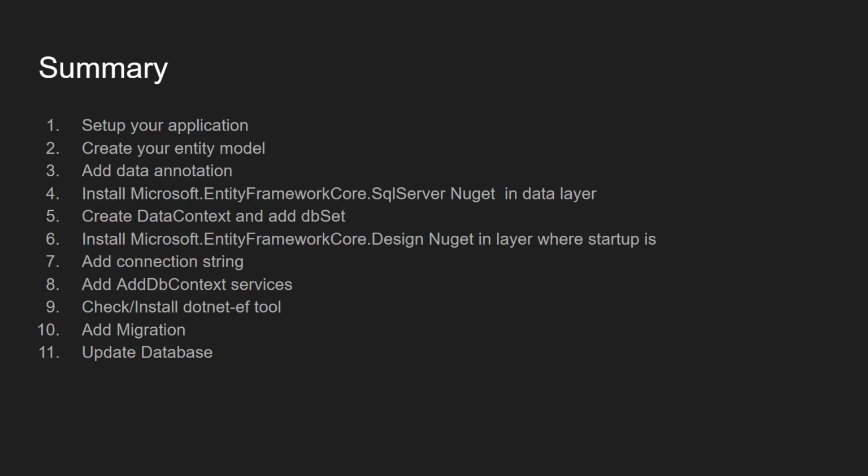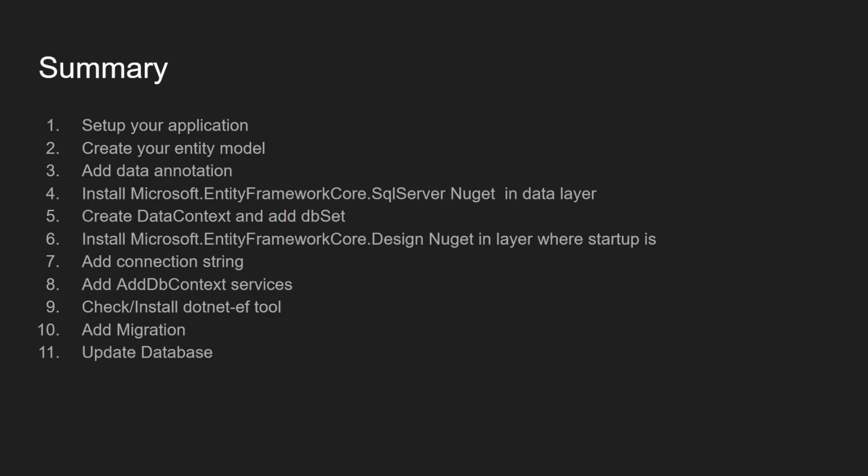Okay. Next is to install the Entity Framework Core SQL Server NuGet in your data layer. Then create a data context and add the DbSet, which will be your entity model. After that, you install the Entity Framework Core Design NuGet in the startup layer.